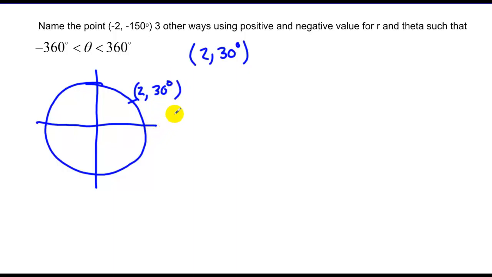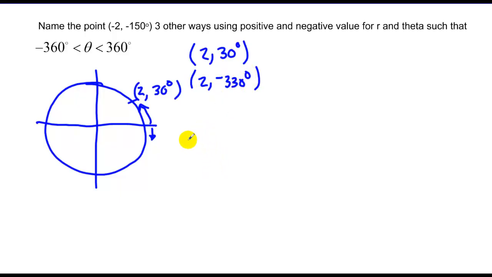Now what I have to do is name this using a positive radius and a negative angle measure between negative 360 and 360. So if I were to, instead of going a positive direction, move in a negative direction, I'm 30 degrees short of 360, so that would be 2 and negative 330 degrees.